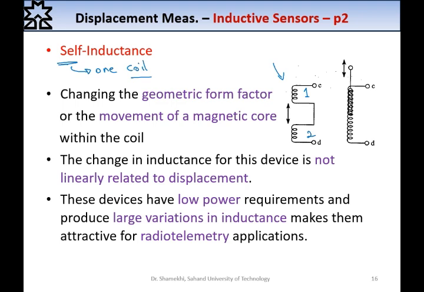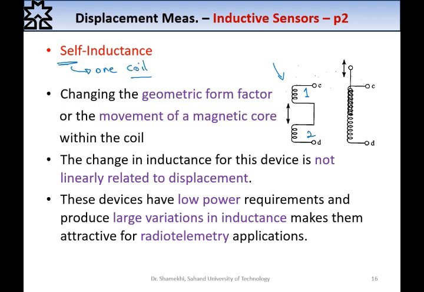If these two parts are close together, the geometric form factor of this coil will be increased, and when these two parts of the coil are far from each other, the geometric form factor of this inductance will be decreased.